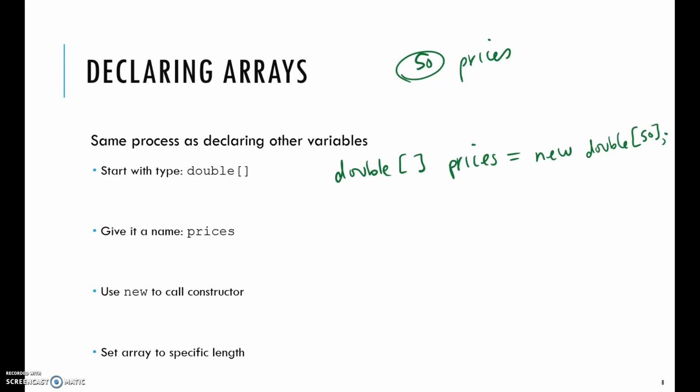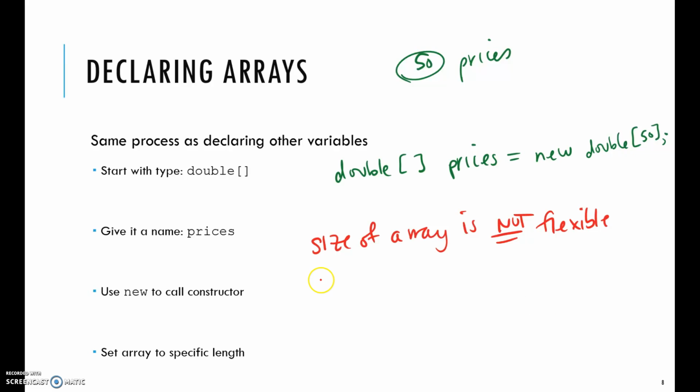elements. Now, when we are working with arrays, there's a couple things that we need to remember. First of all, the size of the array is not flexible. If we need to increase the array size, then we actually need to make another array with a larger size and copy all the values over.